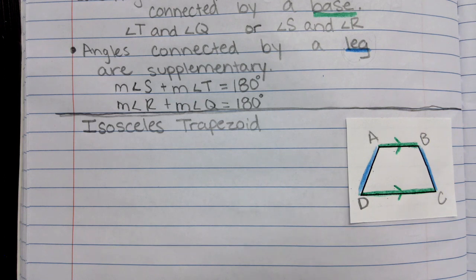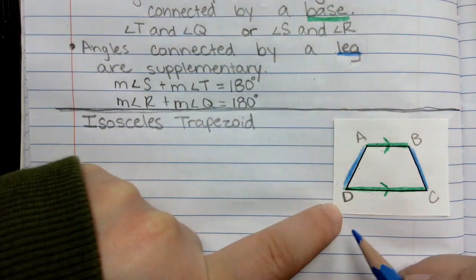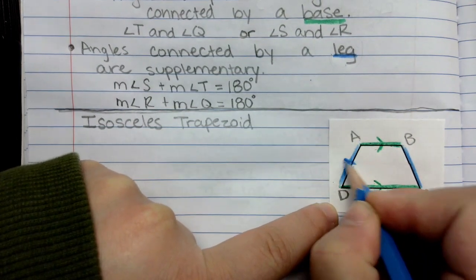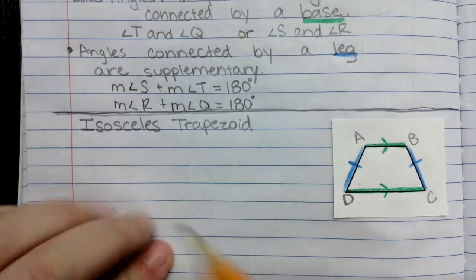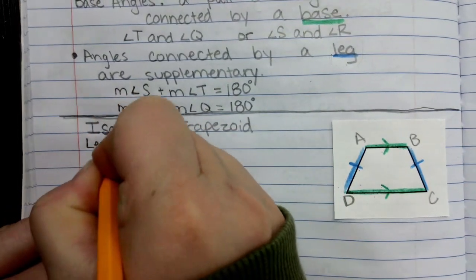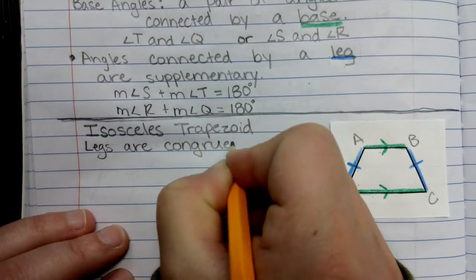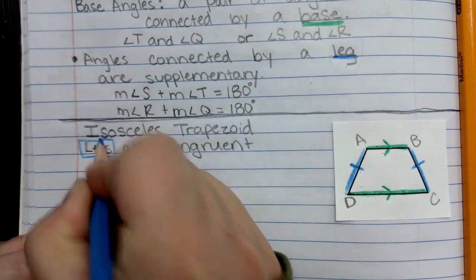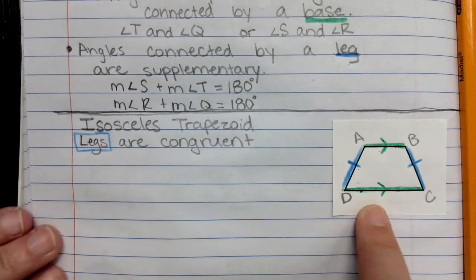Because our legs are congruent, that creates a couple other properties that aren't in all trapezoids, but are specifically in this type of trapezoid, the isosceles trapezoid. One of the things that happens when we have those congruent legs is that our base angles will be congruent. Okay, base angles.